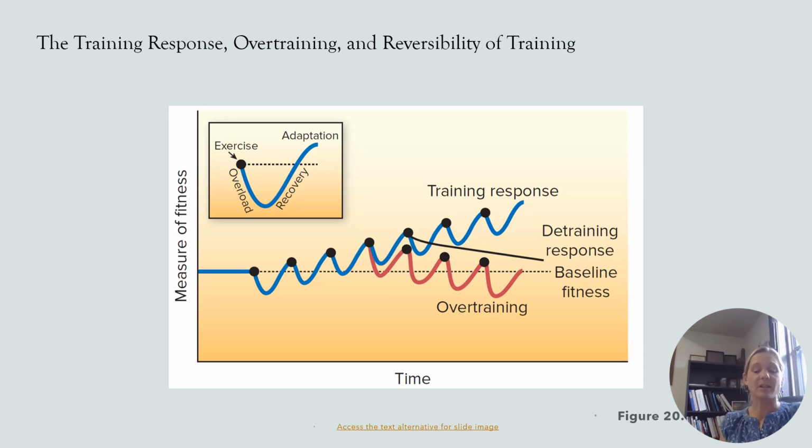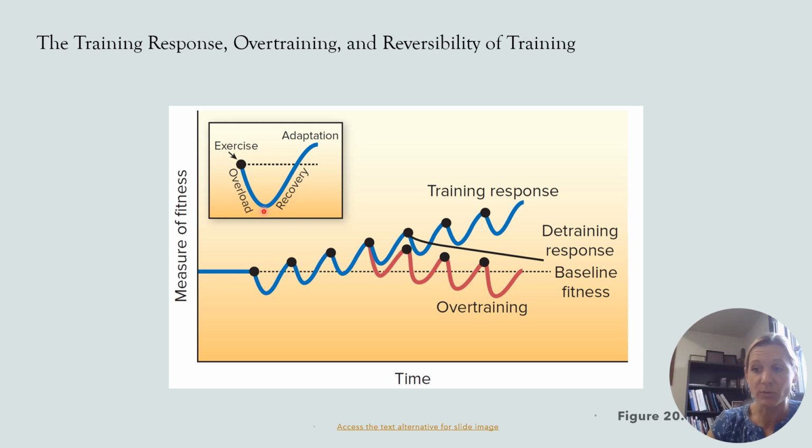Okay, so when we think about the application of our training response as it relates to the reversibility of training and overtraining, here you can see how this all works. When I do the exercise, which is represented by a dot, that overload causes stress. And that immediate stress is going to cause a potential decline in performance, because I need time to recover. I'm going to be fatigued immediately after the exercise is over.